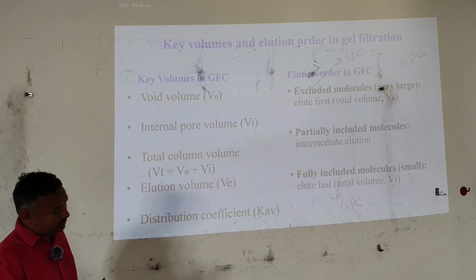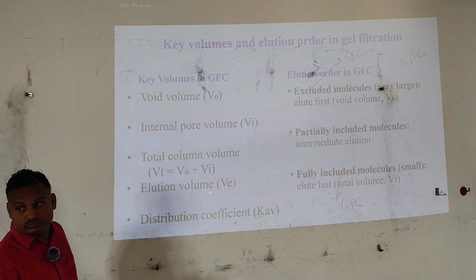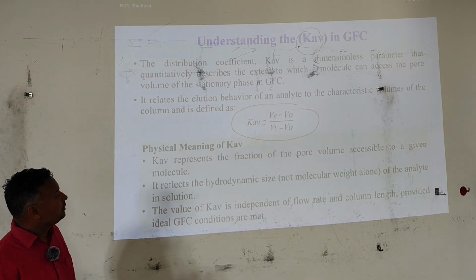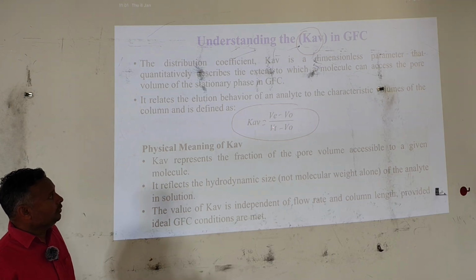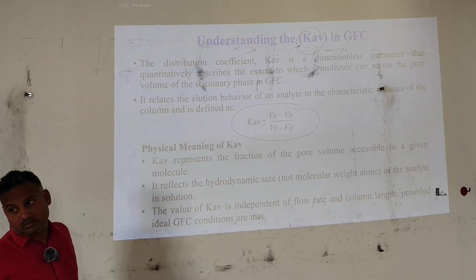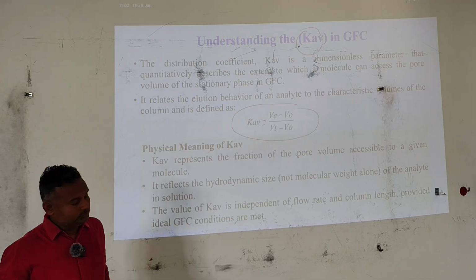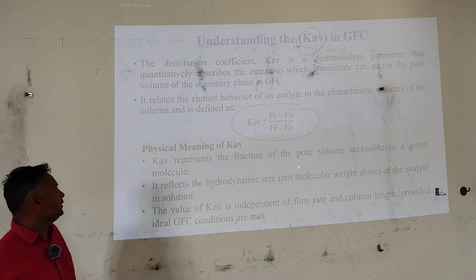Elution volume minus void volume, divided by total volume minus void volume. This will give us KAV.